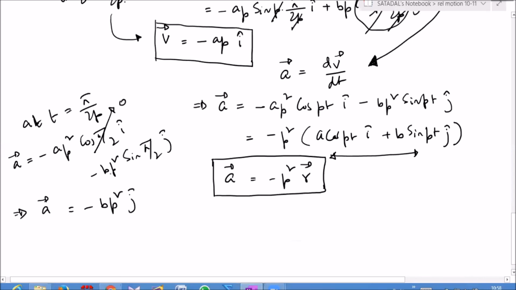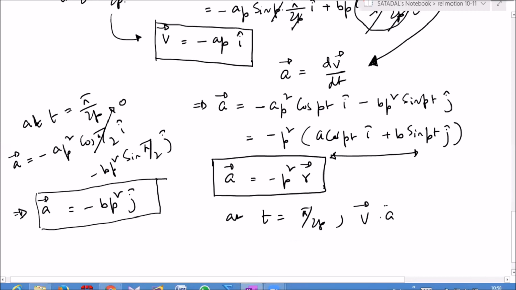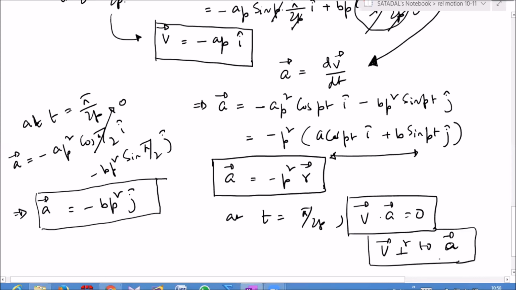Interesting, now velocity is along i cap, acceleration is along j cap. So at t is equal to pi by 2p, we can clearly check v vector dot a vector is coming to be 0. It means v vector is perpendicular to a vector.